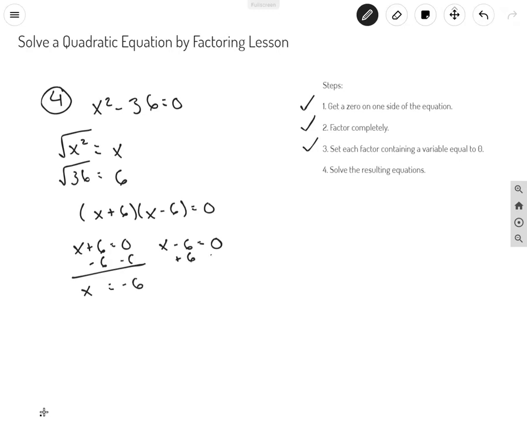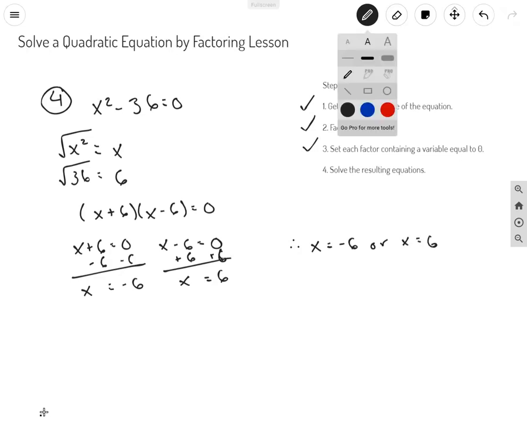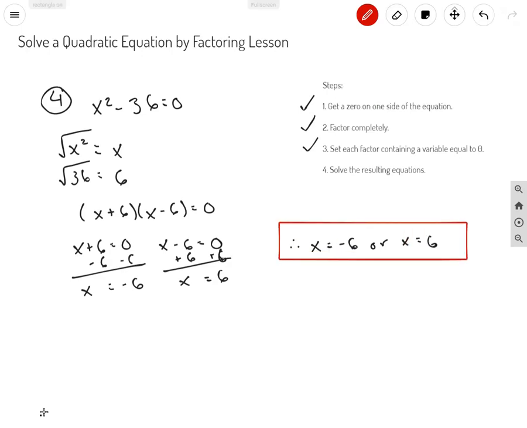Add 6 to this one to get rid of it. I got x equals 6. So my final answer is x equals negative 6 or x equals 6. All done. That was solving a quadratic equation by factoring.